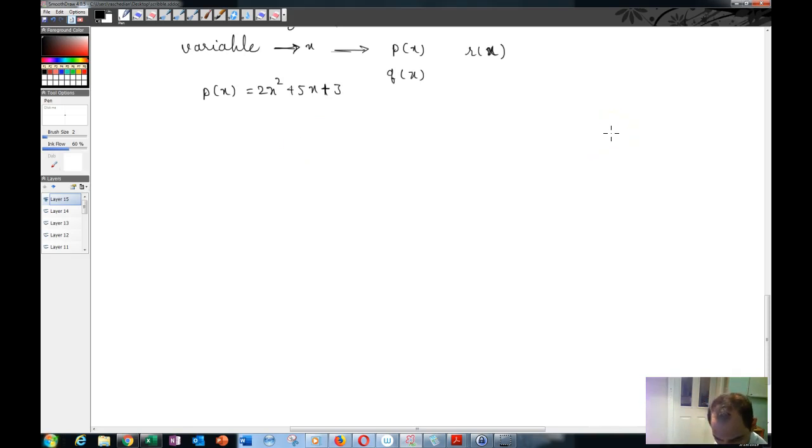So far, basically that's all about the basic things, and then there is also some terminology about the number of terms that the polynomial might have. If a polynomial has only one term, then that polynomial is called a monomial.